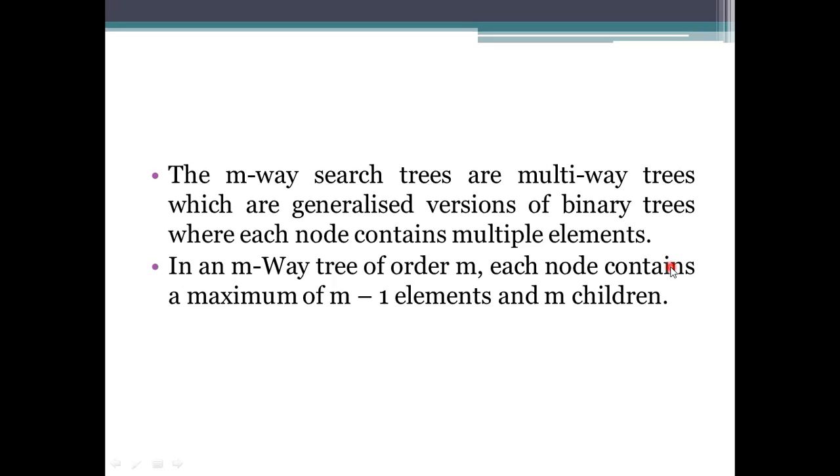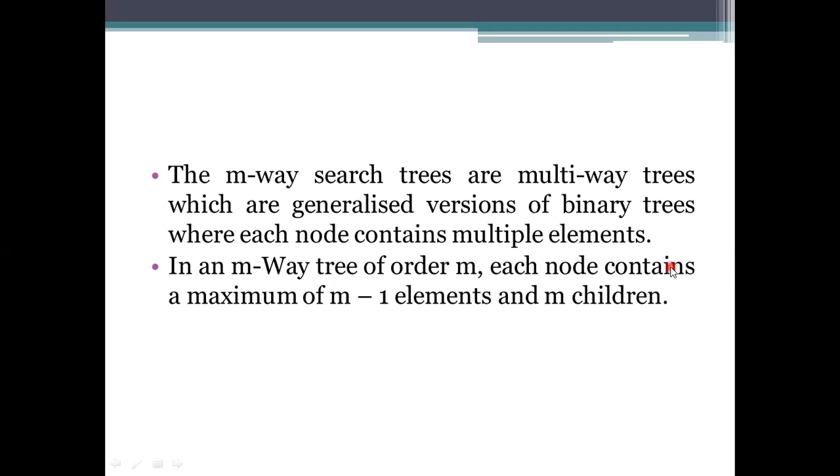And from that node, the number of children you can have is the order you mentioned. If it is 5-way, the maximum number of elements is M-1, which means 4 elements will be stored in that node. From that node, we will have 5 children.